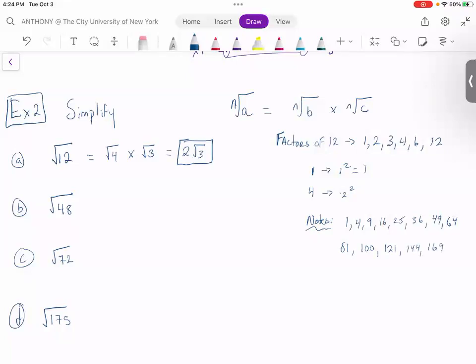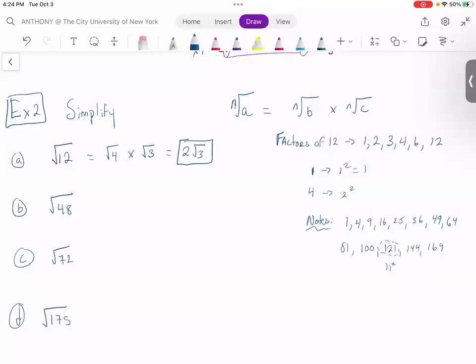These are some common ones that you should know. For example, the 121, we get that from doing 11 squared. 11 squared is 121. So you want to look for one of these factors. When you factor one of these numbers, you look for any perfect squares, namely the highest one.